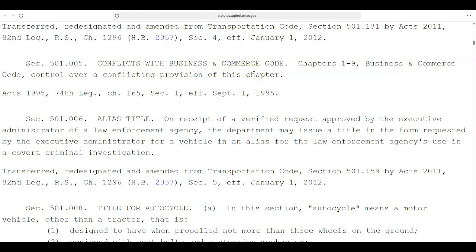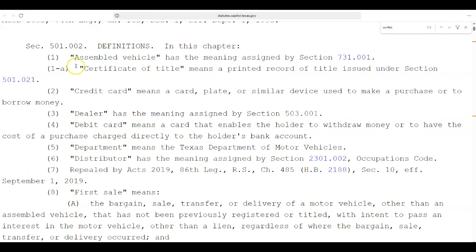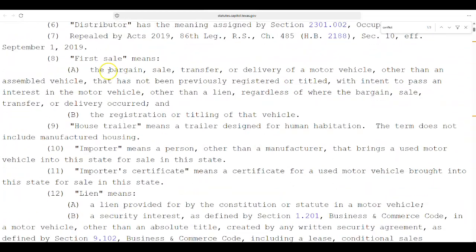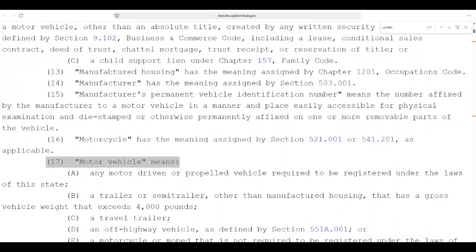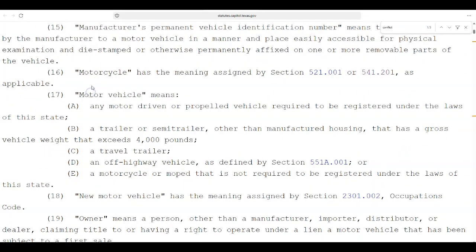Simple, plain language, simple terms. Now, we're going to stay in 501.002, the Certificate of Title Act, and we're going to find out what motor vehicle means, okay? You have to follow this definition because this definition determines the ownership, okay?